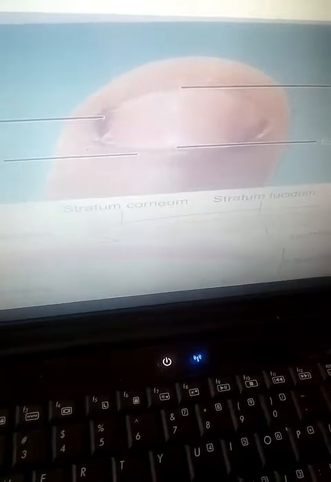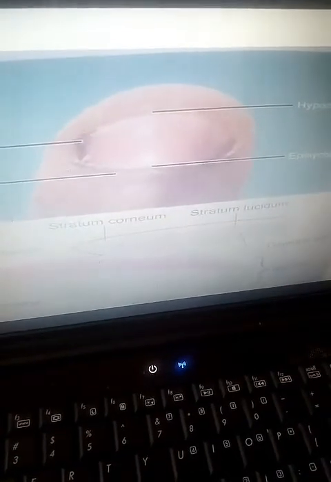So it is the eponychium, this proximal part, and the rest, that is the epidermis below the free margin of the nail, is called the hyponychium. तो free margin के पास जो epidermis है, that is known as hyponychium, और proximal part पे जो है उसको कहते हैं eponychium.